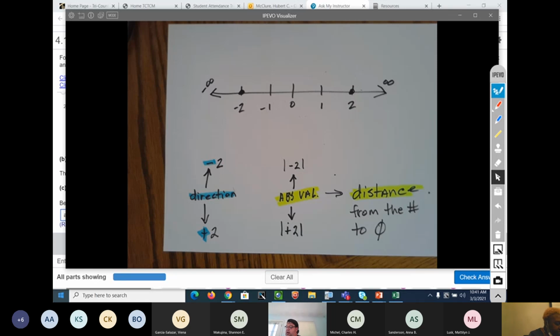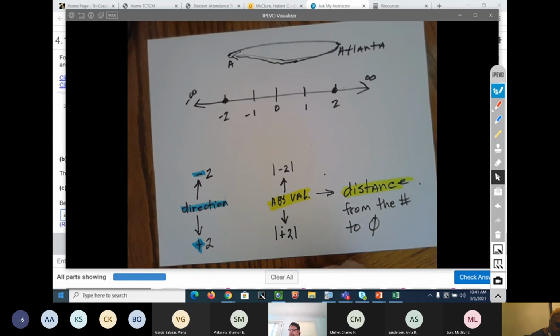So if I turn around in Atlanta and I come back to Anderson, then I should see a sign that says -200 miles, right? No. You never see a sign with negative or positive 200 miles because distance can never be negative or positive. So absolute value is the distance from that number to 0.